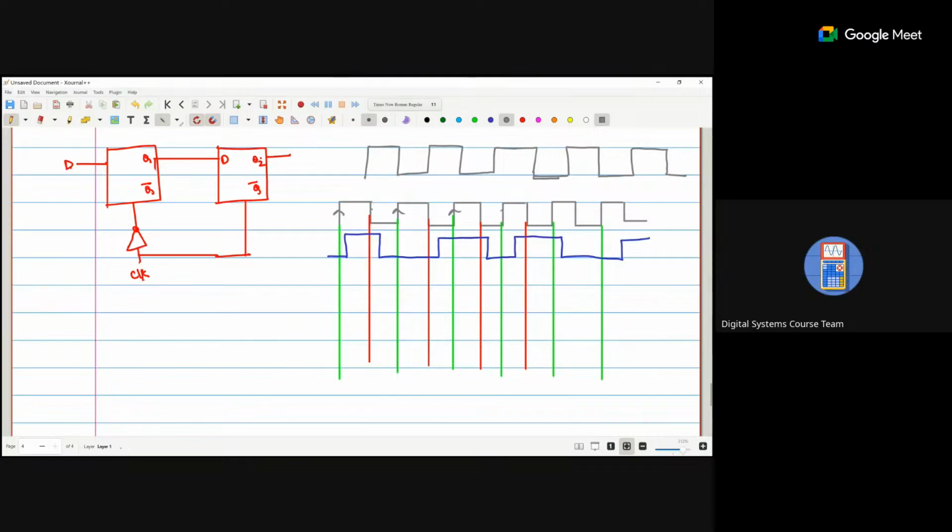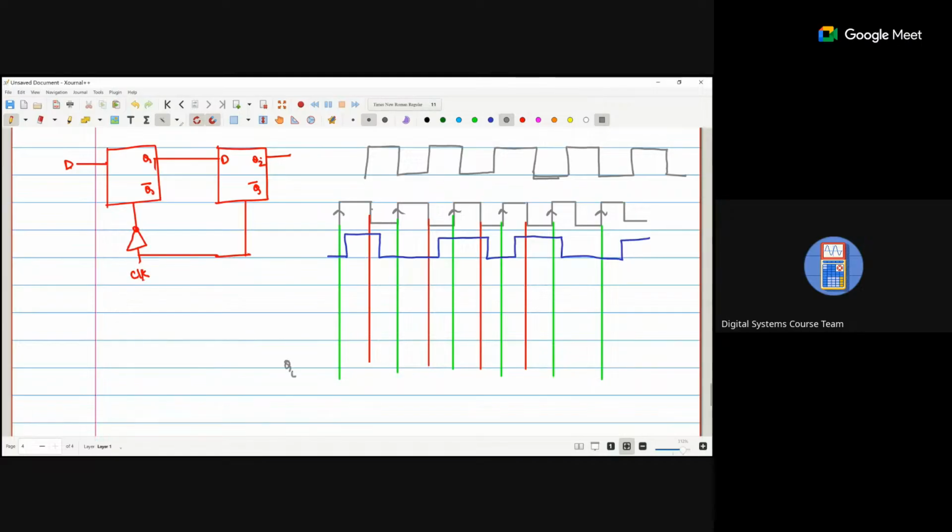Why? Because we have connected two latches in cascade, the output of the first is the input of the second, and the clocks are different level triggered. So what is the expected output?